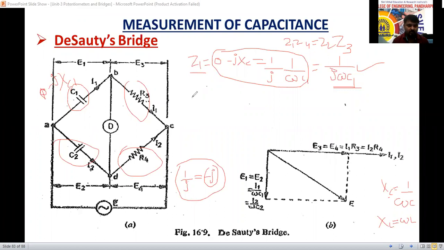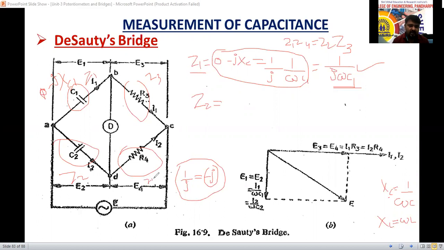Next, Z2 equal to, roll number 12, you tell that one. How can we write Z2? Give me the direct answer. Compare with Z1: what is the difference between C1 and C2 in place? This is Z1, this is Z2, this is Z3, this branch is Z4.